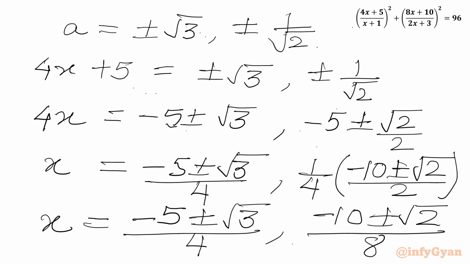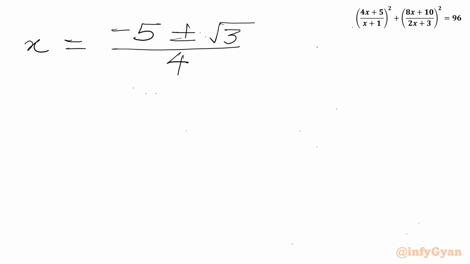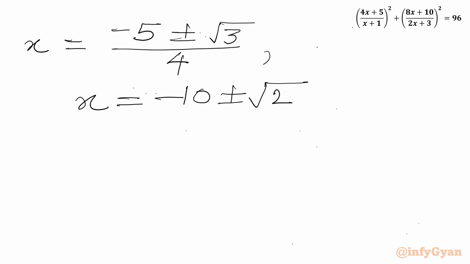Let me write here our final answer. Minus 5 plus minus root 3 over 4. So two solutions are here and two solutions are, if I will write minus 10 plus minus square root 2 over 8.